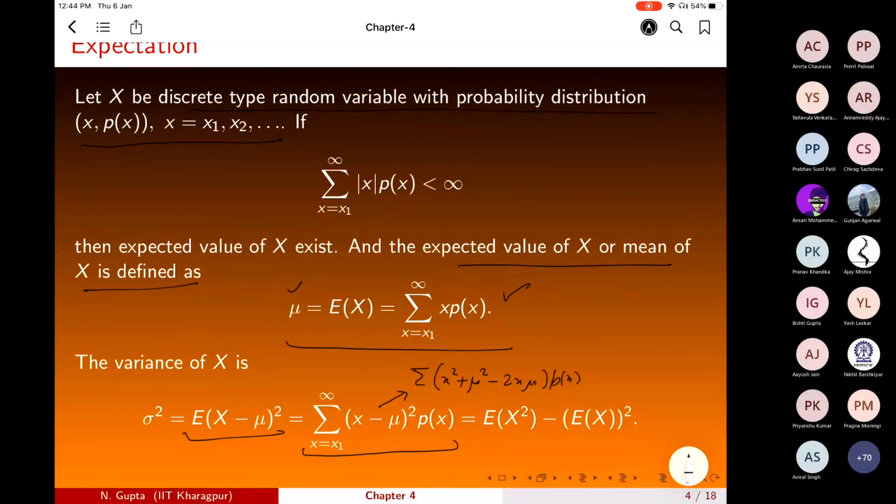So this will be summation x square px plus mu square summation px minus 2 mu summation x px. The first term is, as a notation, the expected value of X square, and the summation of px is 1 because the sum of probabilities is 1.